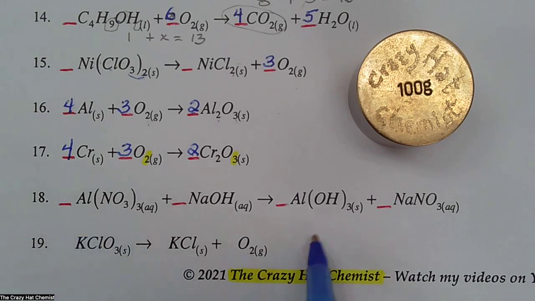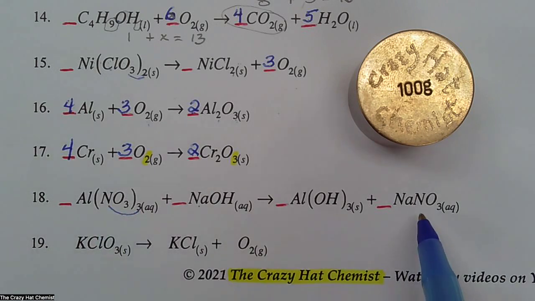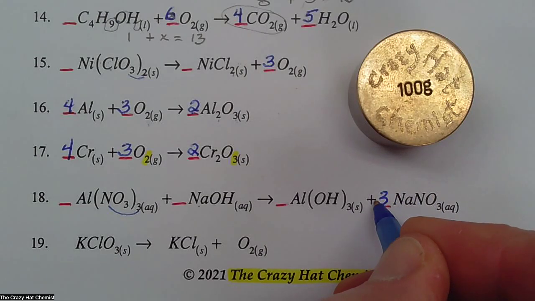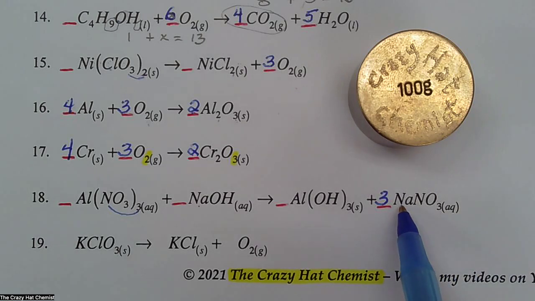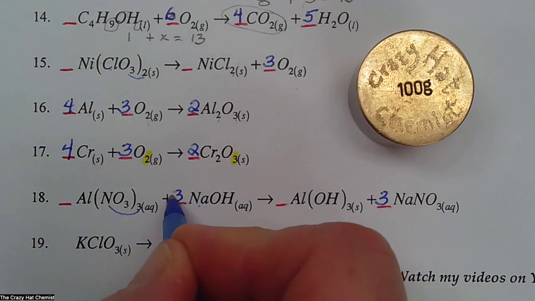But 1 aluminum, 1 aluminum, 1 sodium, 1 sodium. Now let's check out the nitrogens. 3 nitrogens on the reactant side and 1 nitrogen on the product side. So I'm going to place a 3 right here. Now there are 3 sodiums, which I already balanced. So that means that I need to have 3 sodiums here on this reactant side.